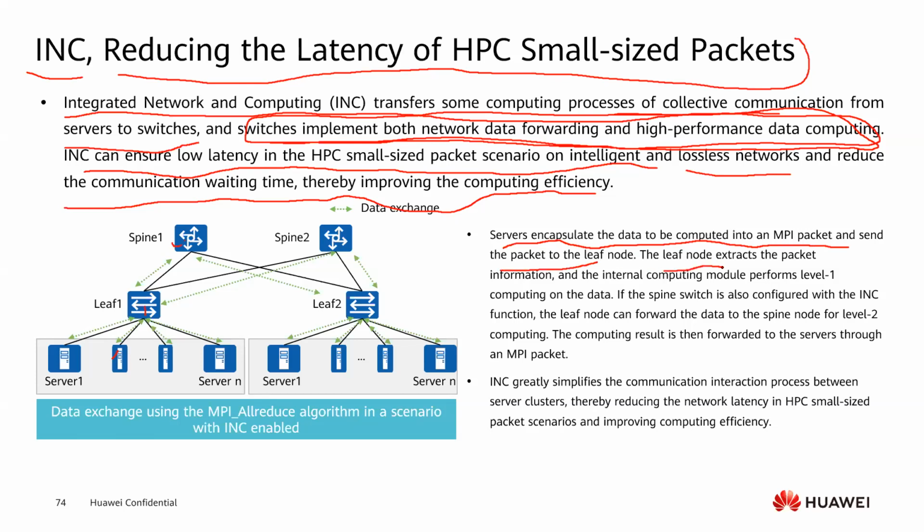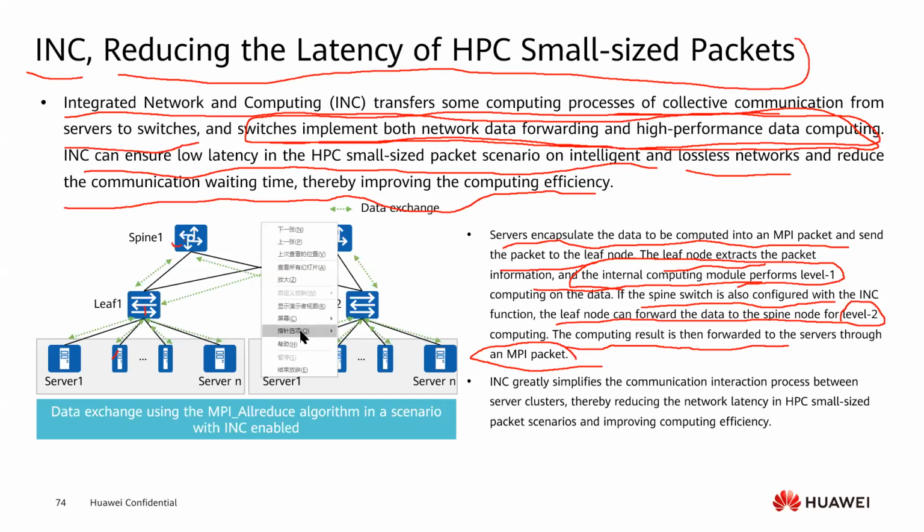The leaf node extracts the packet information and the internal computing module in the switch performs level 1 computing on the data. If the spine switch is also configured with the INC function, the leaf node can forward the data to the spine node for level 2 computing. The computing result is then forwarded to the server through an MPI packet.